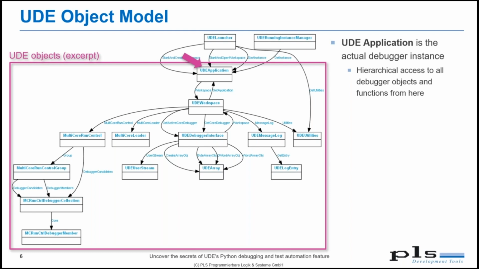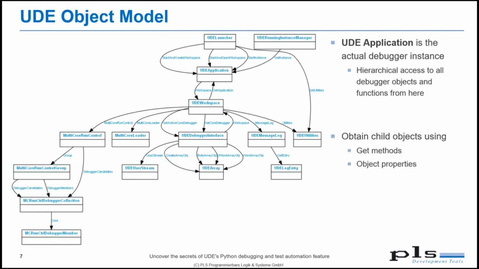There are a lot more, but to keep the picture simple, I have only the most important ones shown here. We have in all the objects get methods or properties that you can use to obtain the next objects in the hierarchy.